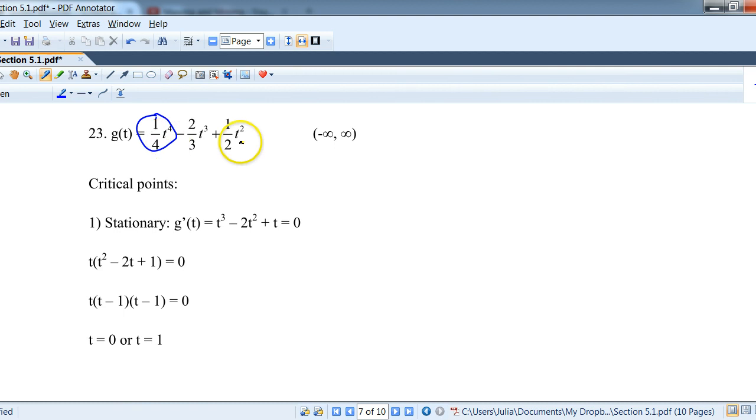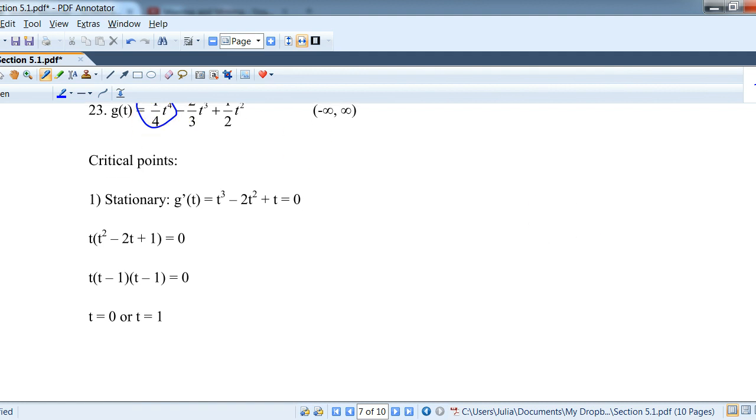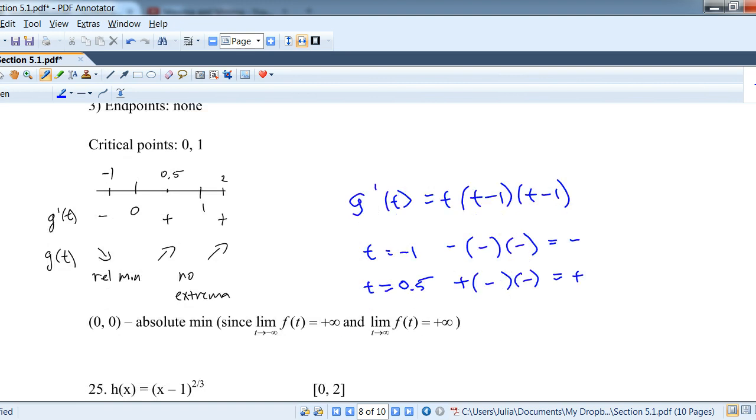Because it's even degree, both a negative number and a positive number, no matter how large they are, would give us a positive, times positive 1/4 would also be positive. So both ends actually go to positive infinity, as it says right here. So we do have a minimum, but it becomes an absolute minimum because it is the lowest point, because both ends go up. So there's no absolute max, but there is an absolute min in this case.